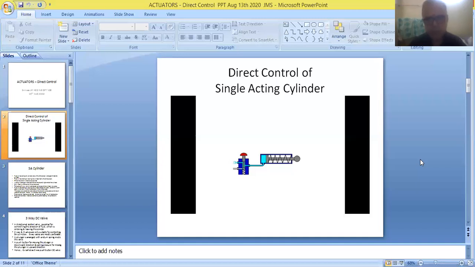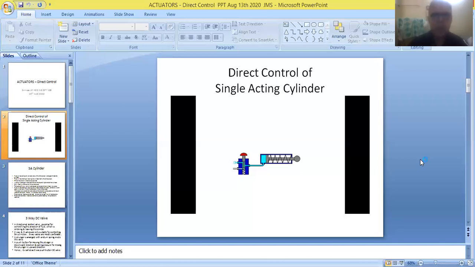Now, friends, as the name itself implies, fluid will be acting only on one side of the cylinder. That is, it will be acting only on the left hand side of the piston as shown in the figure. So therefore, they are called single acting cylinders.